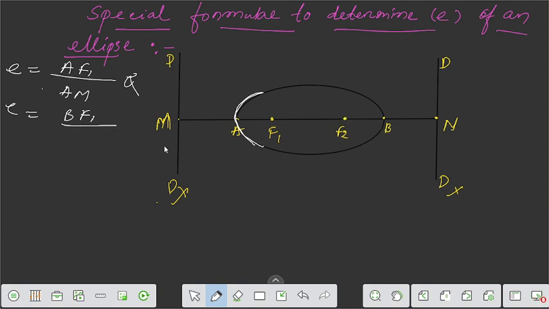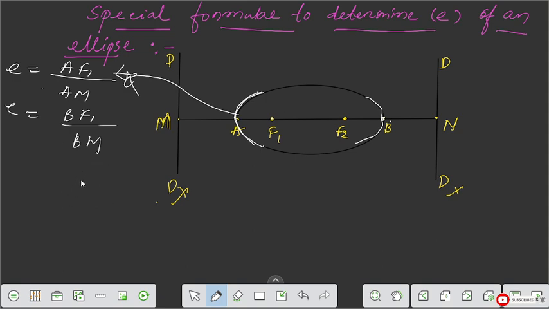BF1 divided by BM. For this curvature we write the eccentricity, and for this curvature we write BF1 divided by BM for the directrix.